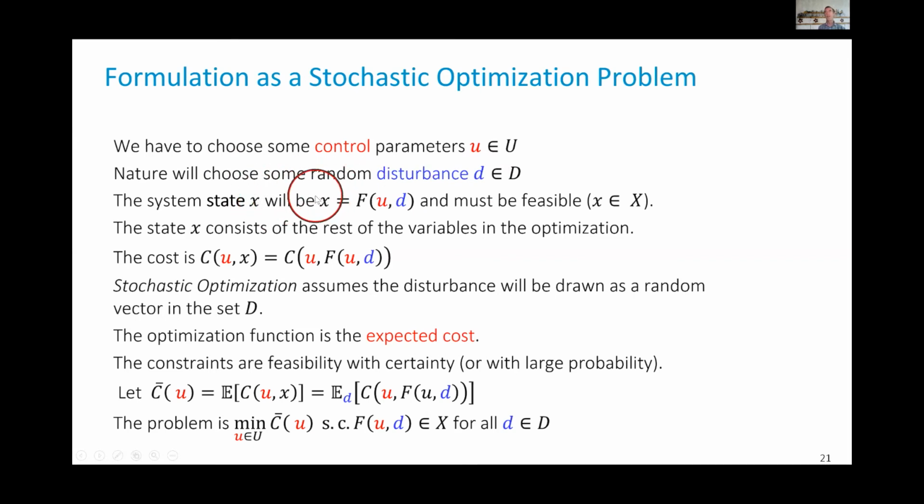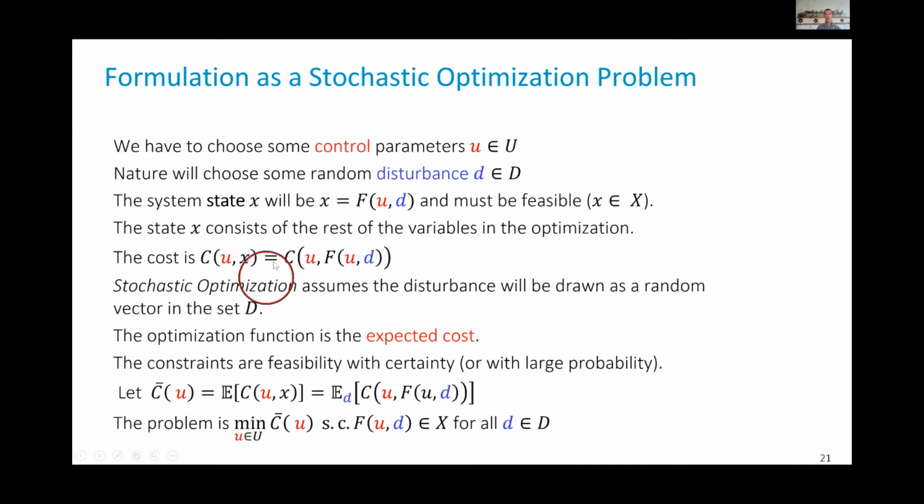In our case, the state is all the variables that the DC approximation will need, the theta, the branch powers, but also the slack bus power. All the system state is a result of our choice and of the disturbance. We don't know what it will be, but we know the function that is used to generate the state from the value of the control and the disturbance. So the cost itself is random if we assume that the disturbance is random.